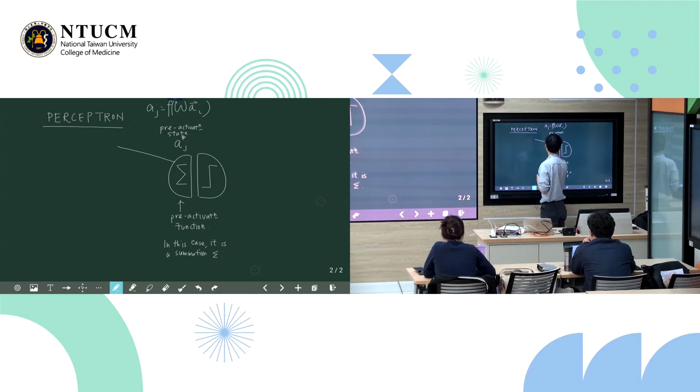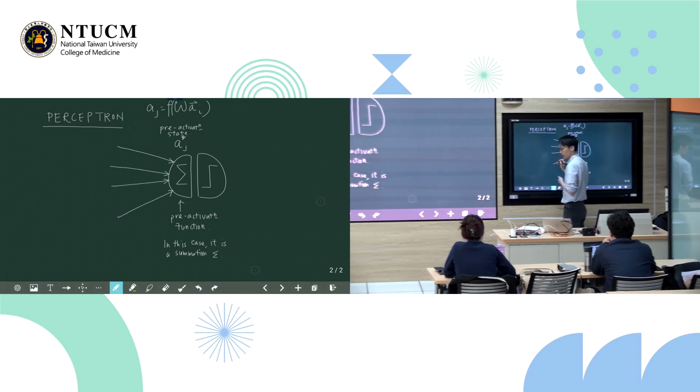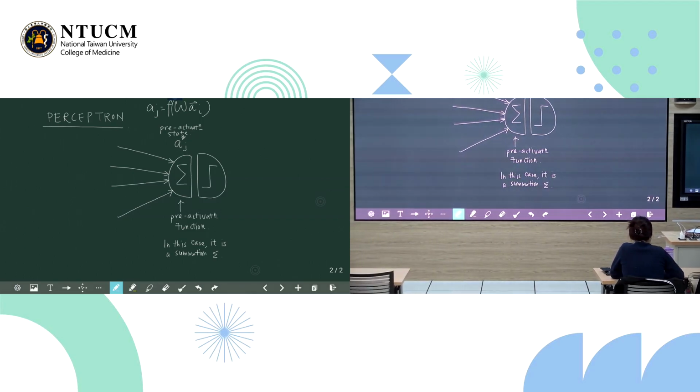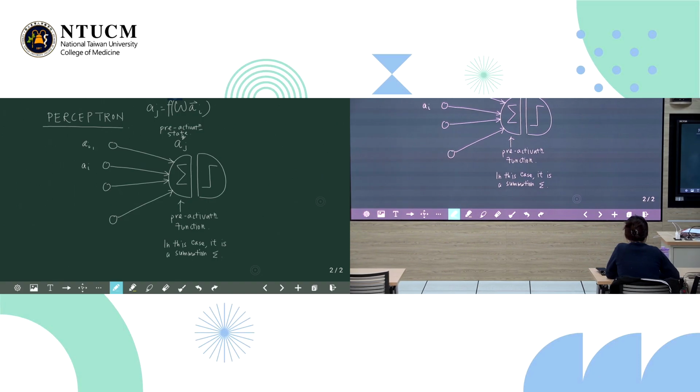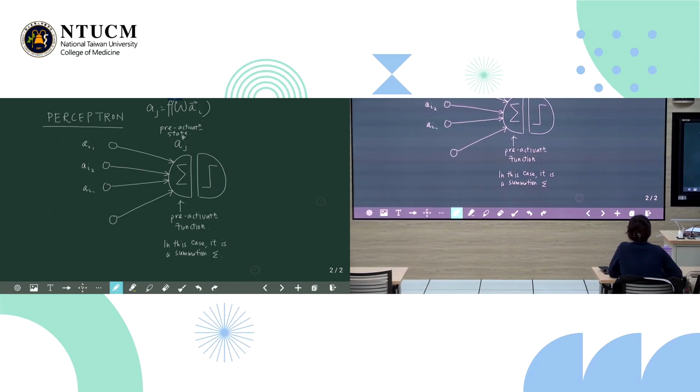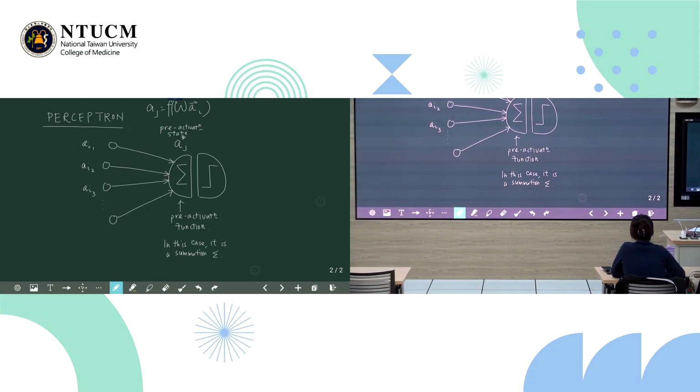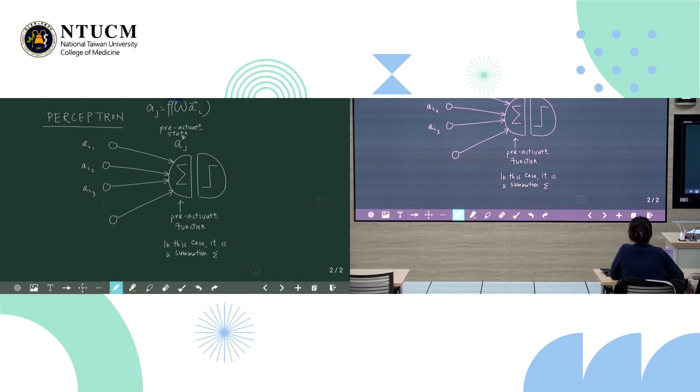Summation of the weighted inputs. So if I have 4 units, and this would be AI1, and also get used to the notation.